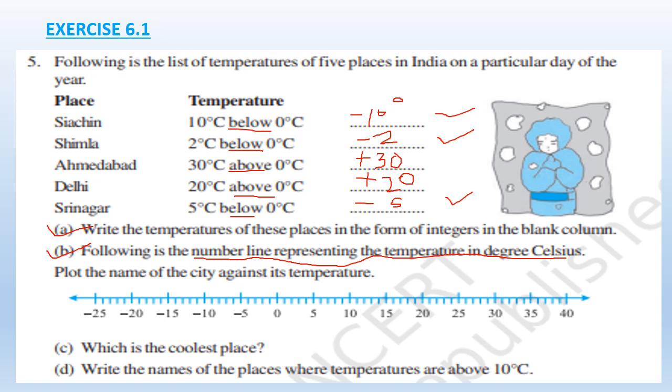So here you can see the position of minus 2 is here. Here is minus 2. Next is minus 5. Here is minus 5.